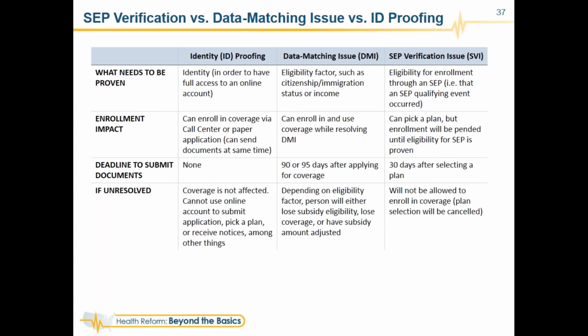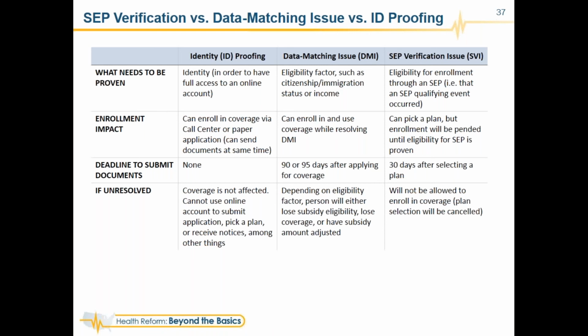Failure to verify the eligibility factor results in loss of coverage or subsidies, or change in the amount of subsidies depending on the eligibility factor or factors that were not verified. So at the end of that 90 or 95 days, if it wasn't successful in terms of verifying it, that person might be completely shut out of coverage. A person might lose all subsidies or some subsidies depending on what's going on, okay?